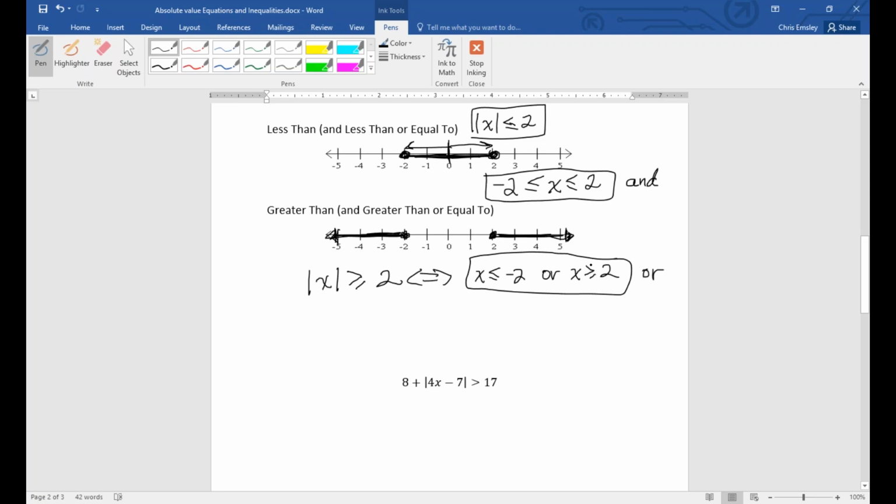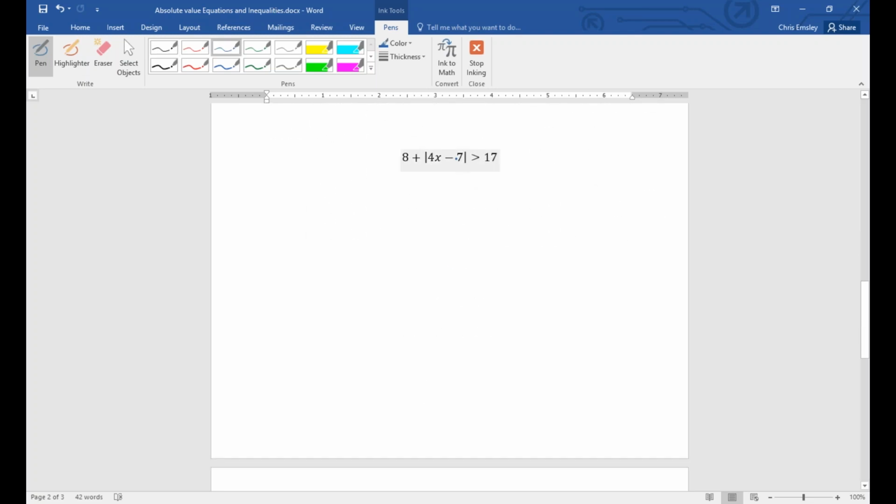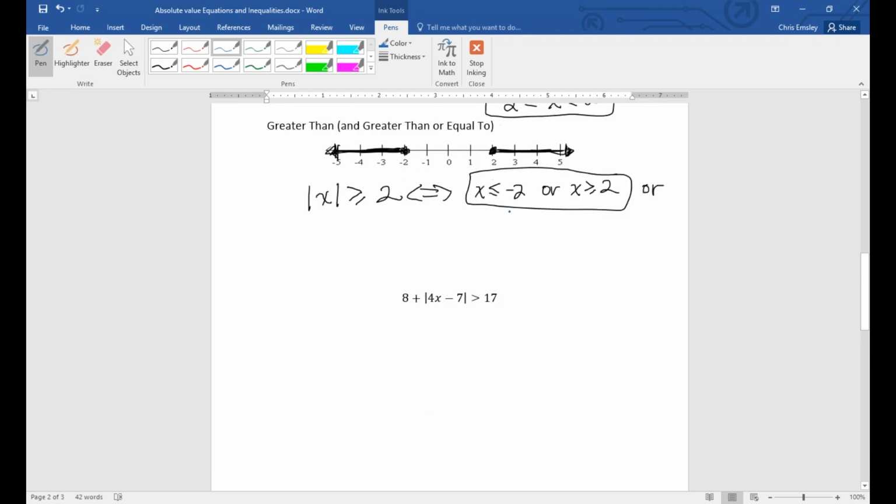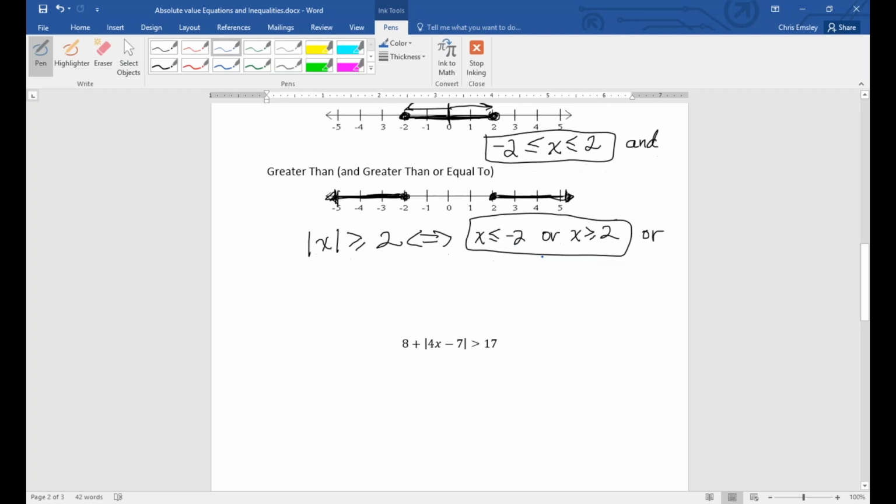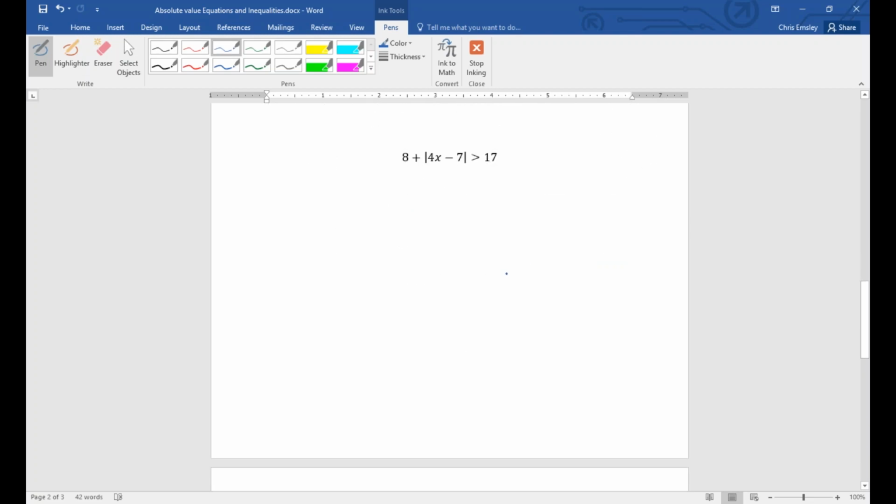Okay, so let's do an example of each one of those. Here's our first one. This one is a greater than, so that means that second scenario we looked at, greater than means we're going to rewrite it as an or. But before we do that, we have to get the absolute value by itself, so we just need to quickly subtract 8 from both sides.